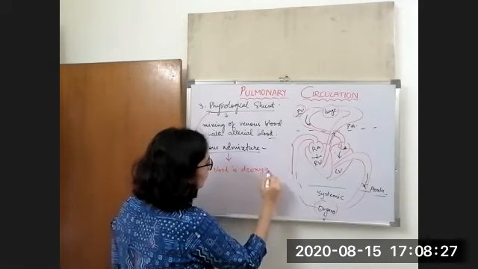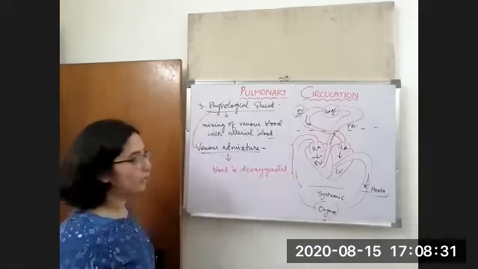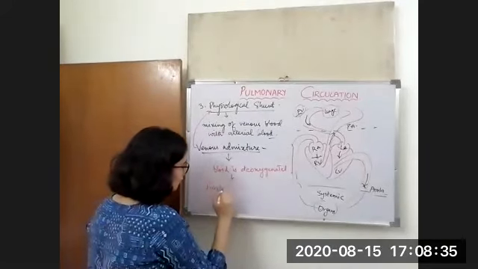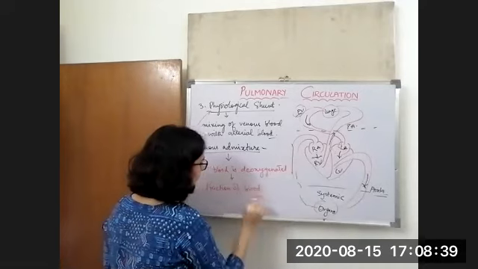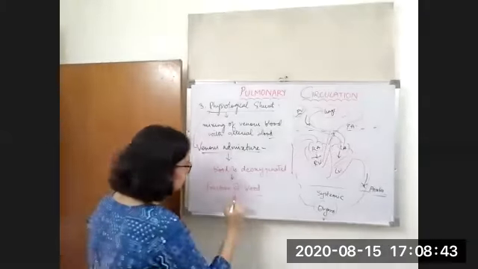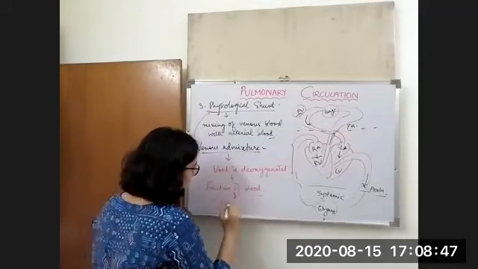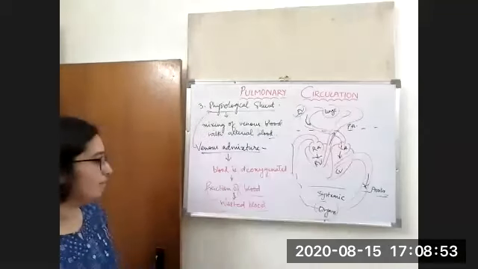As we saw, the blood is deoxygenated now. Now the fraction of the blood which is deoxygenated, here we have a different term for this. This is known as your wasted blood.